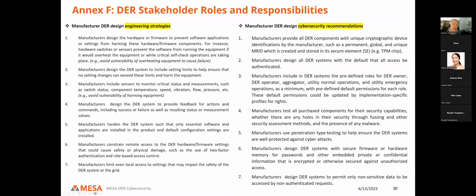We did this also in another way where we have in Annex F these engineering strategies for the manufacturer, which is different often from the cybersecurity recommendations.